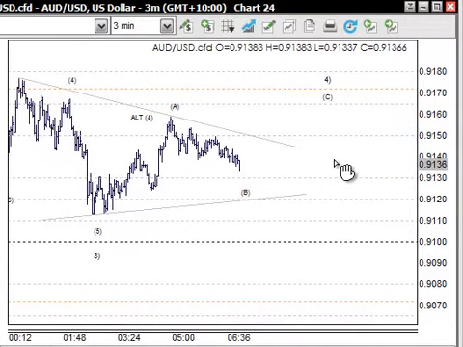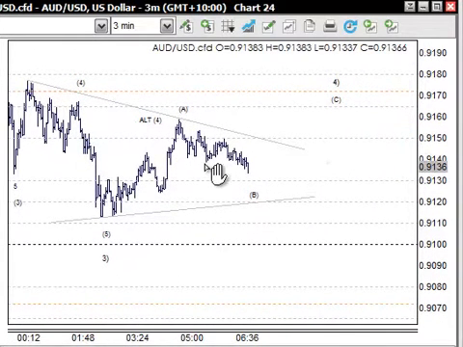So when using these sort of levels here, this has been retested here as the resistance through here, but it was at the end of the session, so it's a bit meaningless in one regard because there's no follow through until the start of the next session, but it is resistance, and it would see further downside from that point.